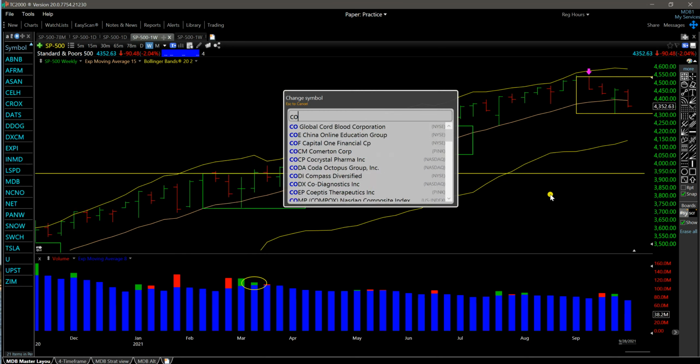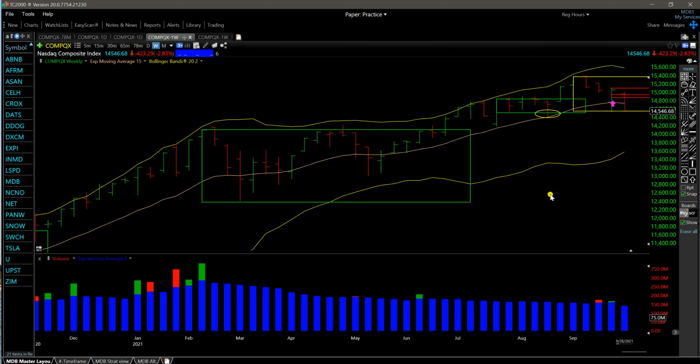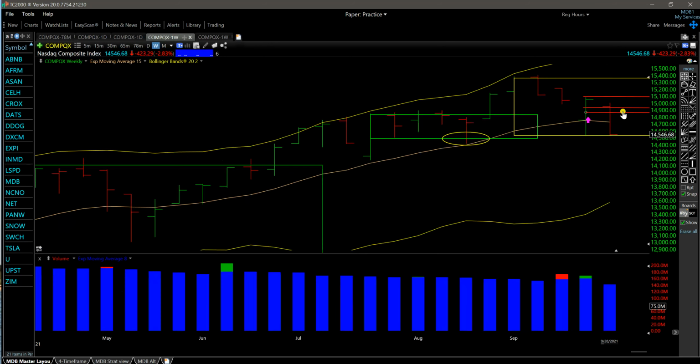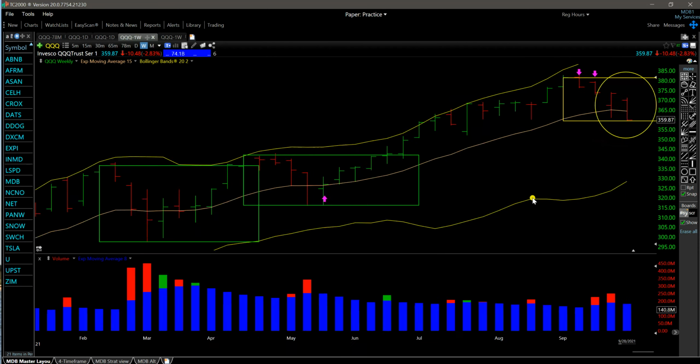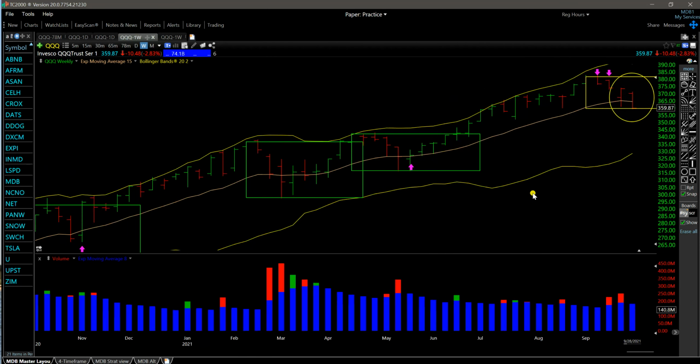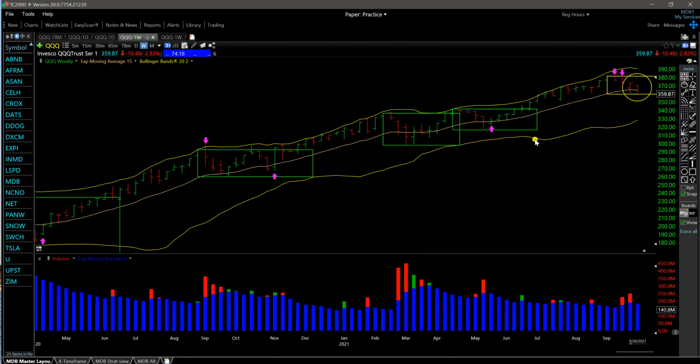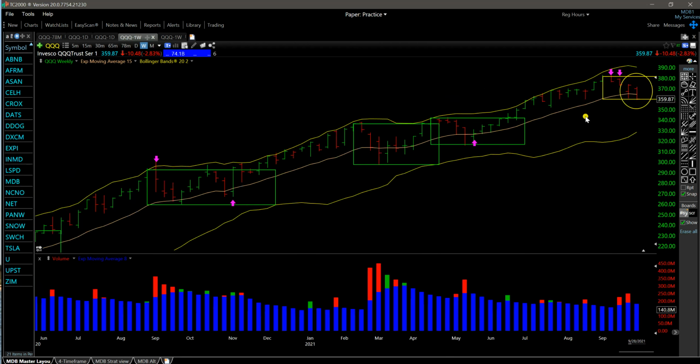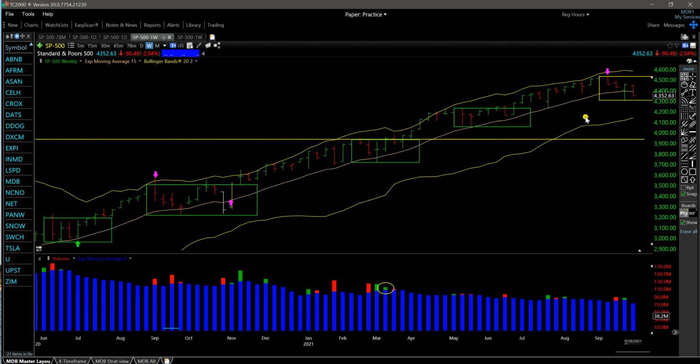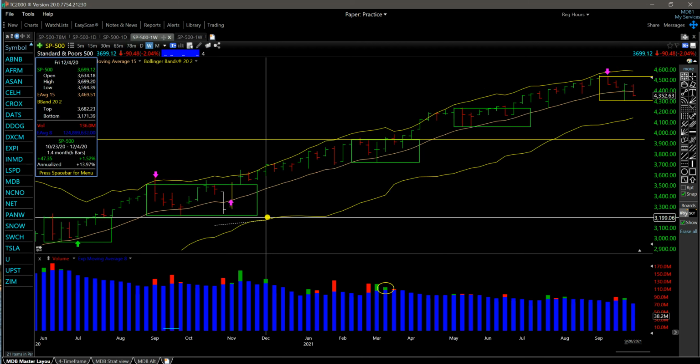Now we look at the NASDAQ. NASDAQ's got the same, I got the red lines in here. Let's look at the QQQ. But you can see here, the other thing which I don't like technically is these indexes are breaking below this long weekly moving average. On the S&P 500, this moving average has not been closed down.